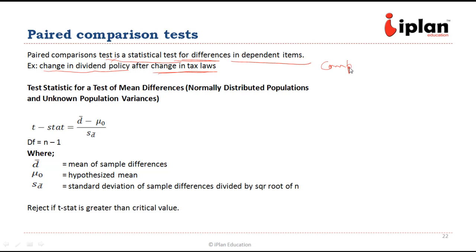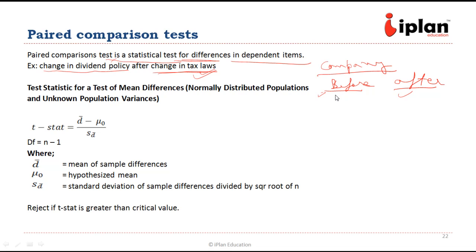We have one single company and we are looking at the dividend before and after. Everything is the same since the company is the same, except the impact of tax laws. That is the only factor which is changed here.